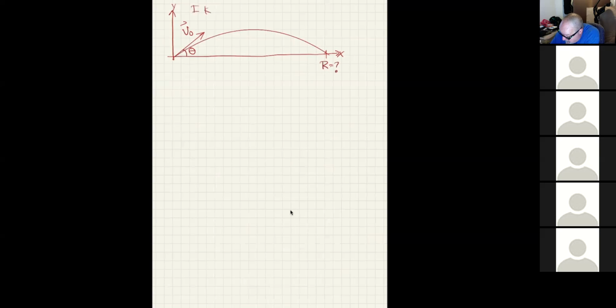I know V0 and theta, and X0 equals Y0 equals 0, and A is equal to negative g j hat. Okay, so that's the stuff I know. Everything else I write up here, I'm not going to know.